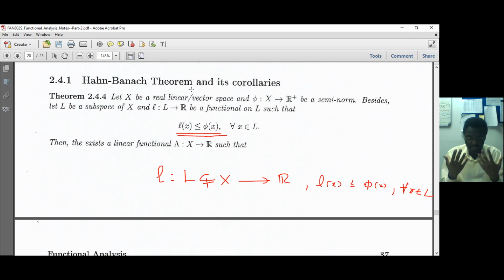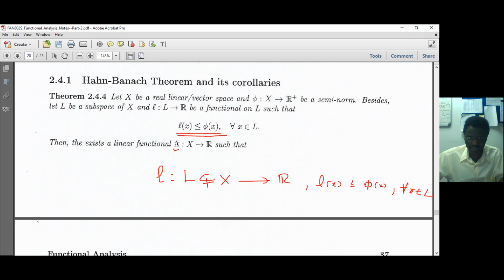So this theorem tells me that if I have a function that is less than or equal to a seminorm on a subspace of a vector space, we can always extend it to the entire space to a new function, which we will call, you see, it's called here gamma, is it gamma?